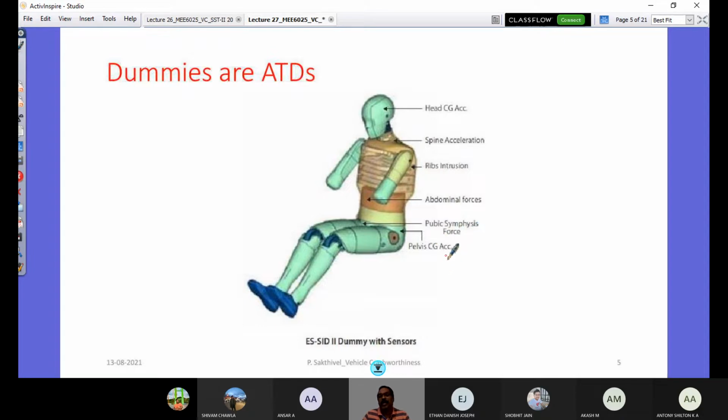Then the pelvis CG accelerometer. So these are very important locations that we require to see how a human would suffer severity during a side impact crash. That's why this dummy is called SID, side impact dummy. The entire dummy family, if you look at it, is the Hybrid II family, Hybrid III family, and so on. They are classified, and this one is especially the side impact dummy.